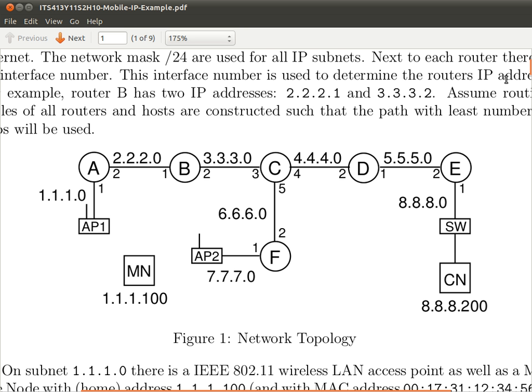That's easy. There's data coming back. How does that work? Correspondent node creates a packet, wants to send it back. Source address is that of the correspondent node.